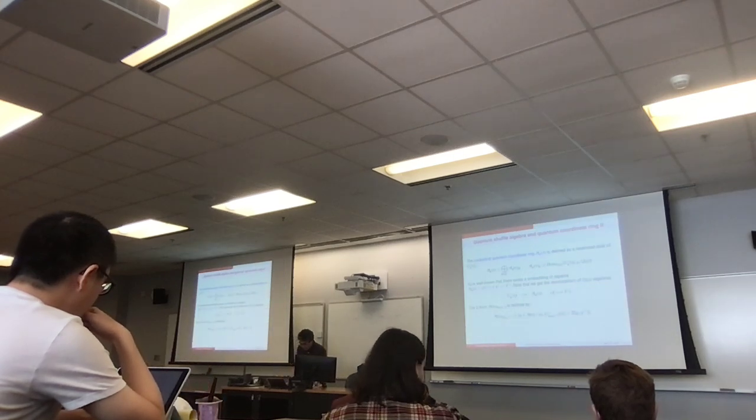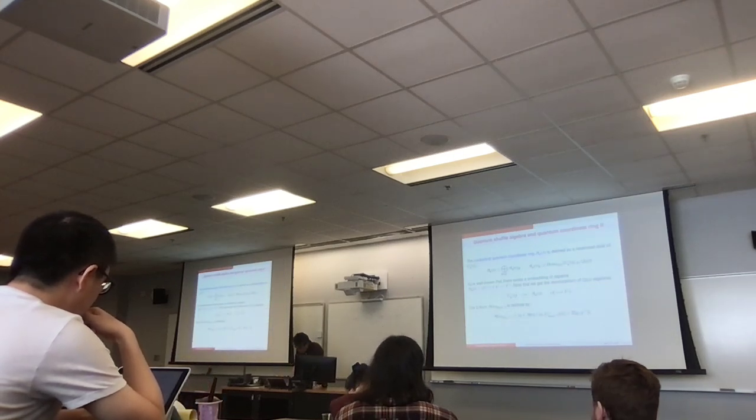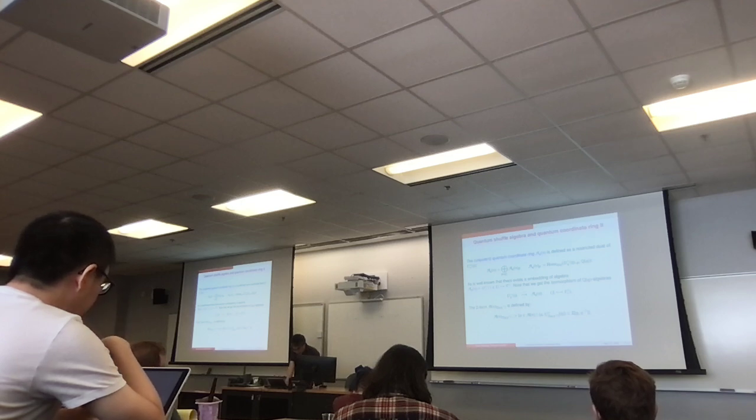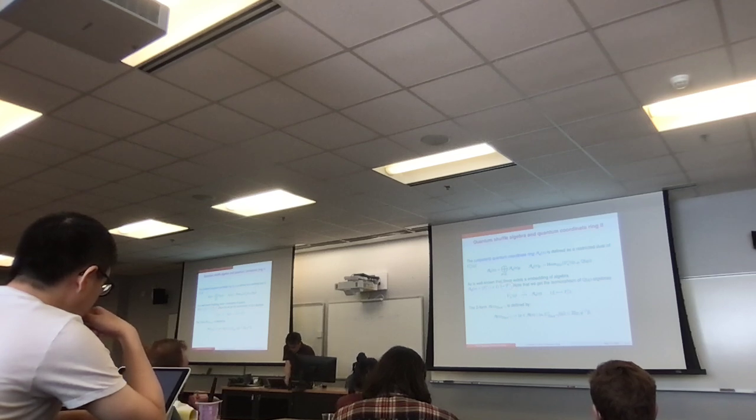And the important quantum coordinate ring A_q(n) is defined as a restricted dual of U_q^+. The form is like this. As is well known, there exists an embedding of algebras: A_q(n) is embedded in the quantum shuffle algebra F, so f_i is sent to f_i star.